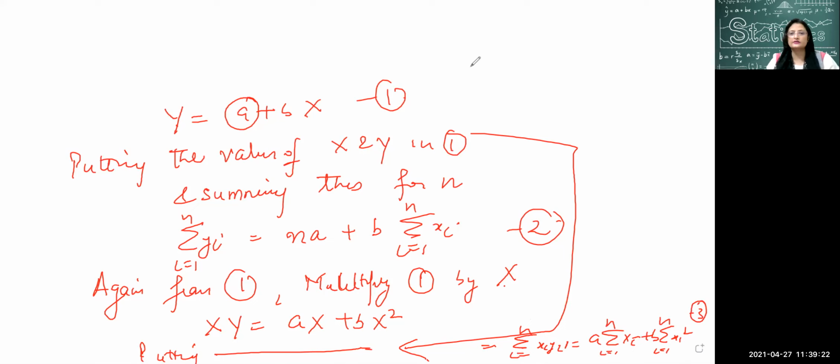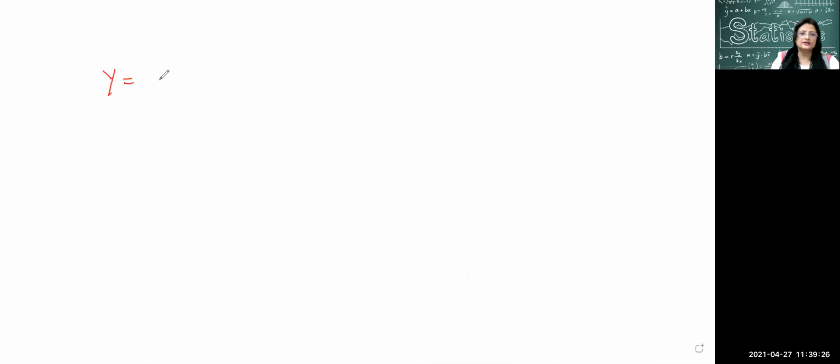On the next screen I will write all the equations that we have got. This you had taken. This was number 1. Number 2, you have got summation I running from 1 to n yi is equal to na plus b into summation I running from 1 to n xi.